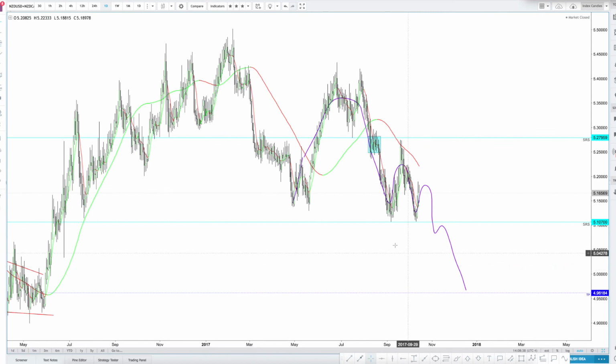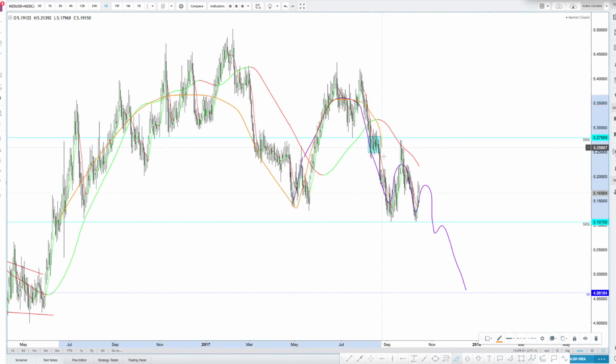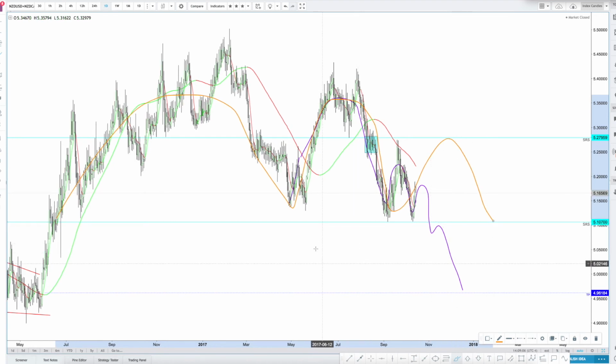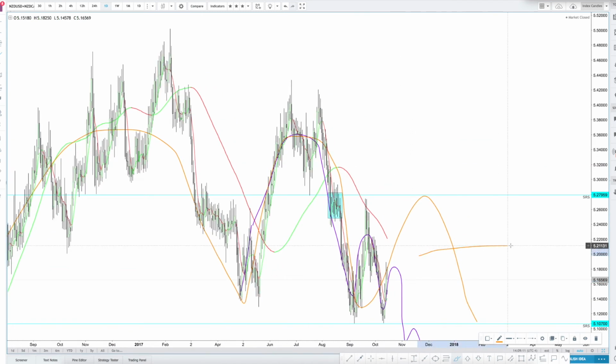But the other thing is this neckline, it should have really been here for proper LSS. You also have a larger time frame LSS. Let's make it orange. So from here, you could make an argument, right? So like that. It's kind of hard to judge. You're going to have to kind of watch.